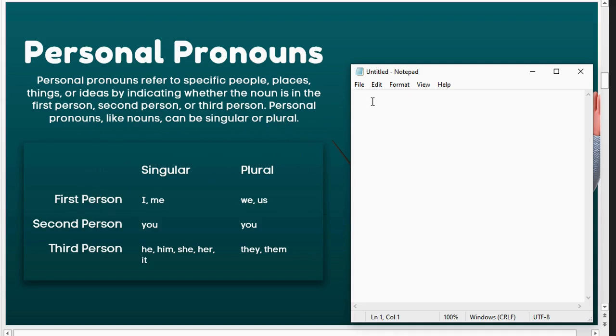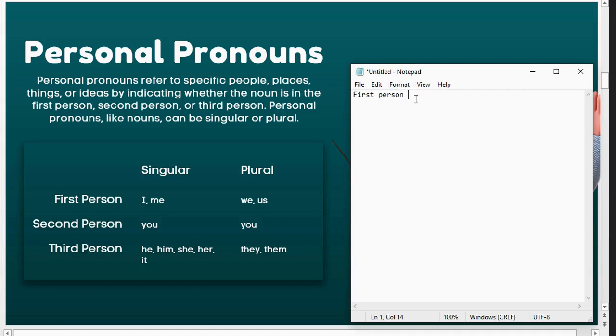First person means about me, when I'm talking about myself: I, me, or in the plural sense, we, us. For example, I love chocolate, or we love to do this. So this is first person.